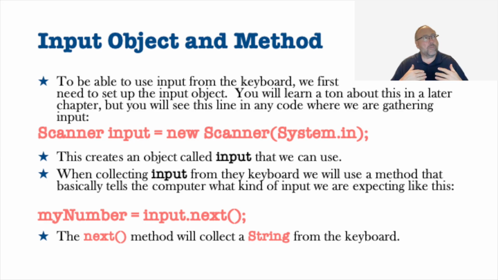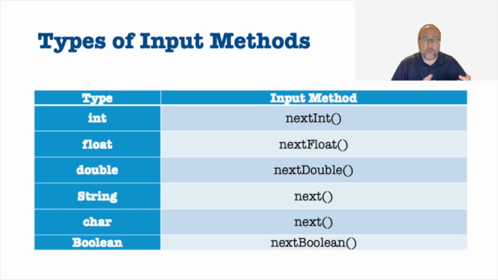And when I tell the computer that I'm going to collect input, I also have to tell it what type of input to collect. So if I wanted to collect input that's of type int, then I would use the input method nextInt. And float and double, string and char both use the next method. And then I can even collect Boolean input using nextBoolean. There are actually a bunch of other ones, but these are the standard ones that we'll be using as we learn inputs here.